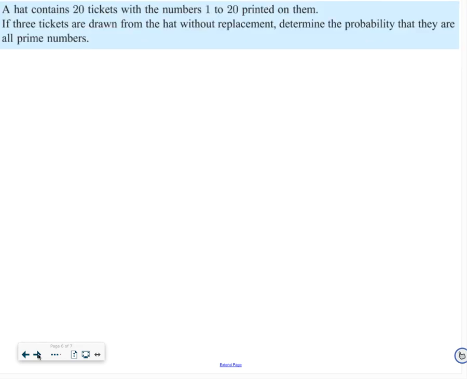Okay, so let's look at our last example here. A hat contains 20 tickets with the numbers 1 through 20 printed on them. If 3 tickets are drawn from the hat without replacement, determine the probability that they are all prime numbers. So this is when it's useful to use set notation. My universal set is all x's such that x's are from 1 to 20.